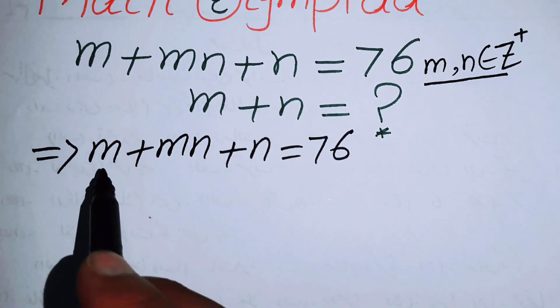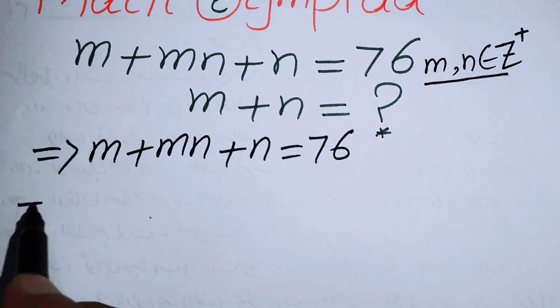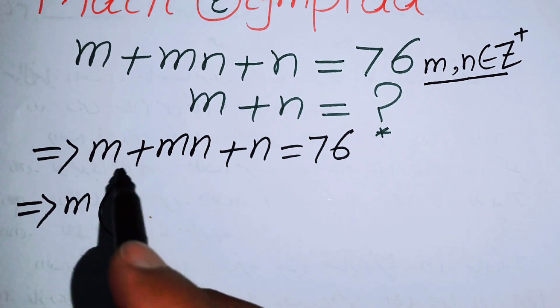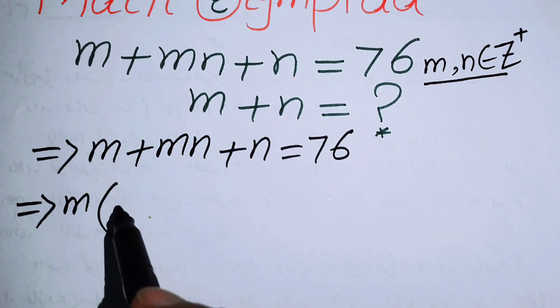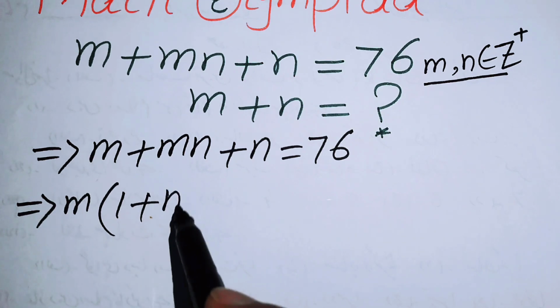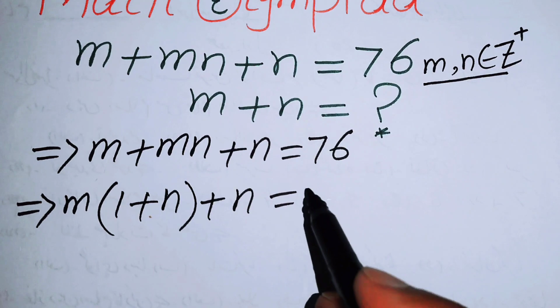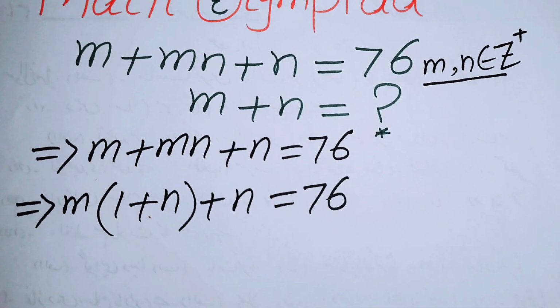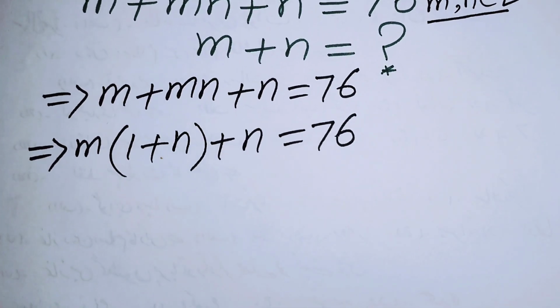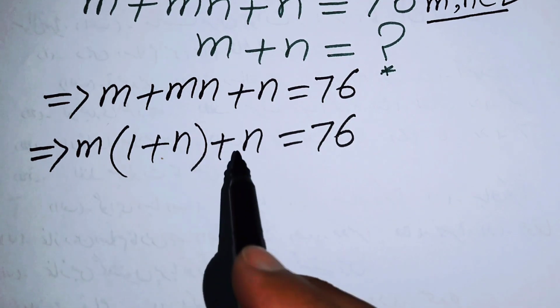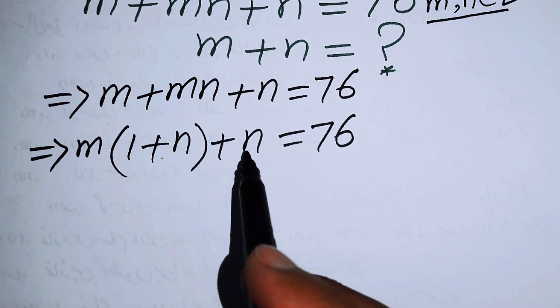Focus on the first two terms, and you see that the common term is m, so we can take m common, and you get 1 plus n, and here you have plus n is equal to 76. Now in the next step, in order to make the common factor 1 plus n, we have only n.